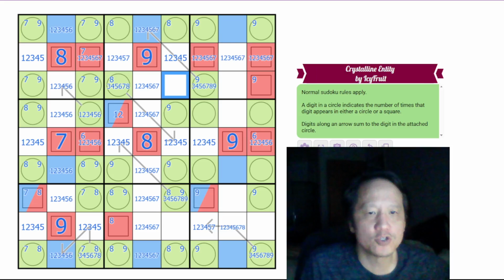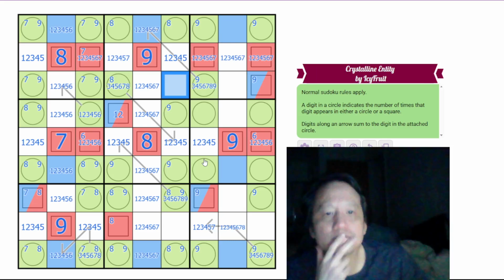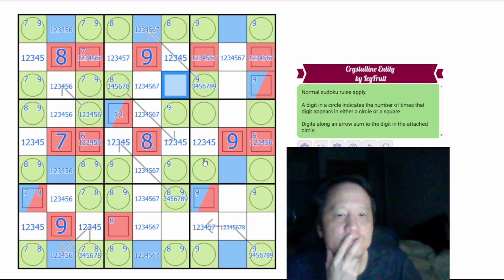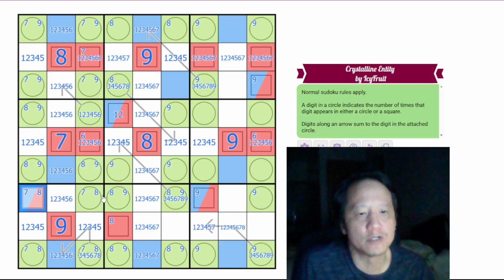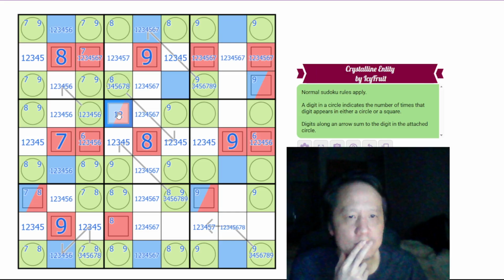So the blue in row 3 has to be one of these 2. That's interesting. So we're guaranteed it matches one of these. We don't know if it matches here.